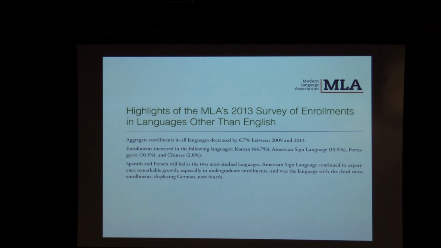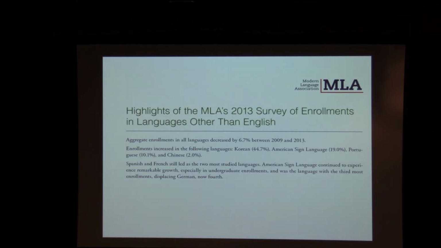Let's look at the most recent survey that I've seen, the 2013 survey by the same MLA organization. They noticed something very interesting. In U.S. college foreign language programs, there is an overall decrease of 6.7% across the board. Interestingly, only some of the languages have an increase rather than a decrease. Among those, Korean is a 44% increase, then American Sign Language, Portuguese, and Chinese with a 2% increase.